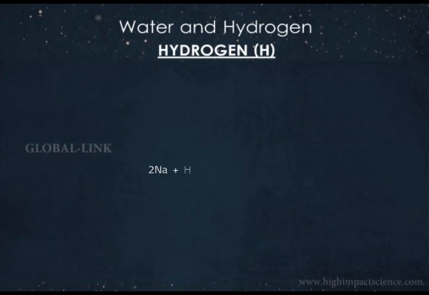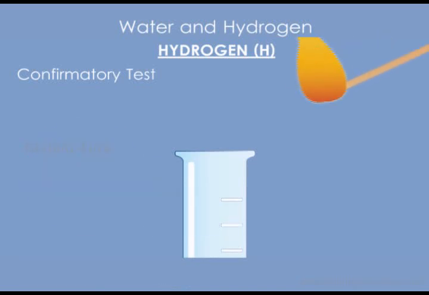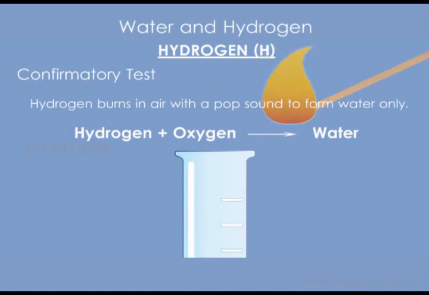Most reactive metals will displace hydrogen in water, for example, sodium. You can test for the presence of hydrogen by placing a burning splint at the mouth of a vessel containing hydrogen gas. You should hear a very distinctive squeak pop sound, which confirms the presence of hydrogen gas.